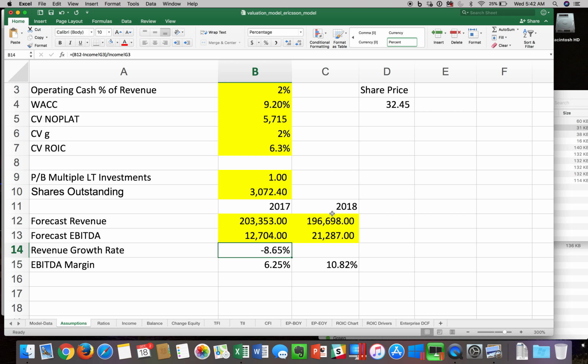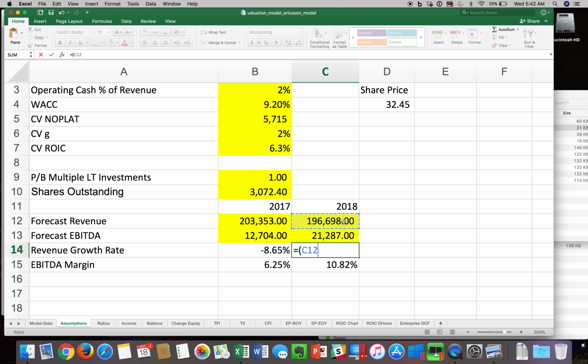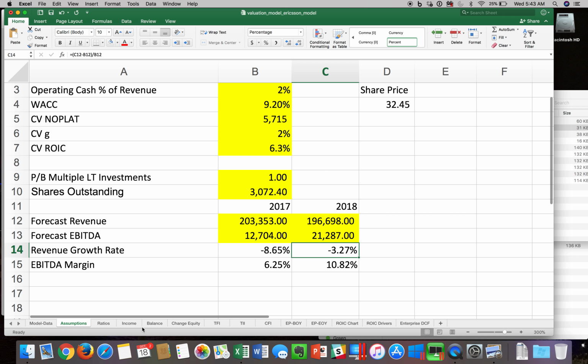Okay? And same thing, equals for 2018, current year minus previous year, right paren, divided by previous year. So again, percentage, extra decimal place, they're expected to shrink about 8.65 and then 3.27%.